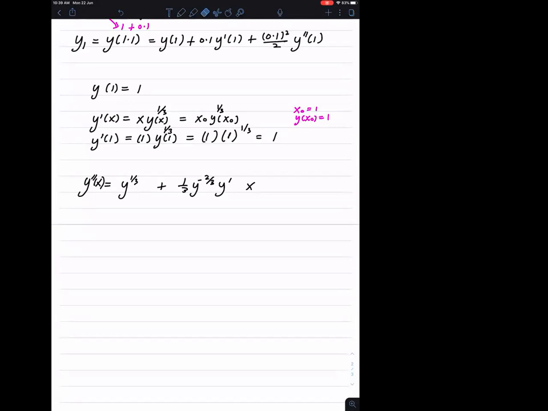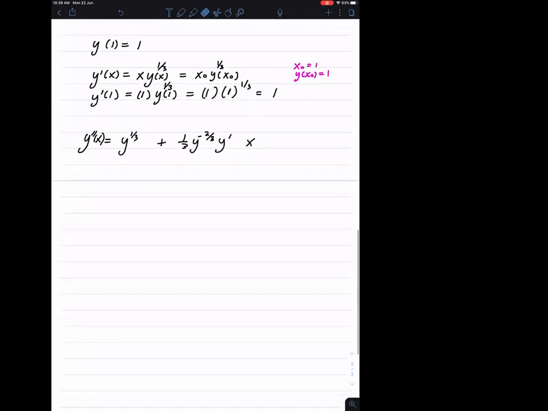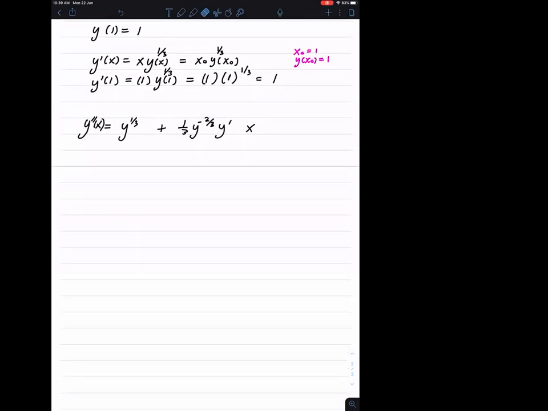There's something missing here. There's a mistake here, right? Do you guys notice it? Before I move on, I would like to do this again. y^(1/3), y prime, okay. So this derivative part is okay.